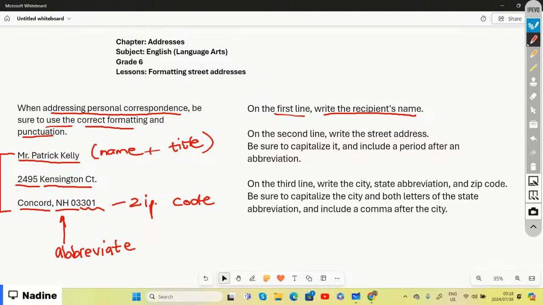So if you are going to be receiving something, we write your title. It's either Miss, Mr., or Mrs. Mrs. is like the wife, for example. You're married. If you're not married, then it's Miss. Or if you're a teenager or child, but female, then it's Miss. Mr. stays the same for any age.